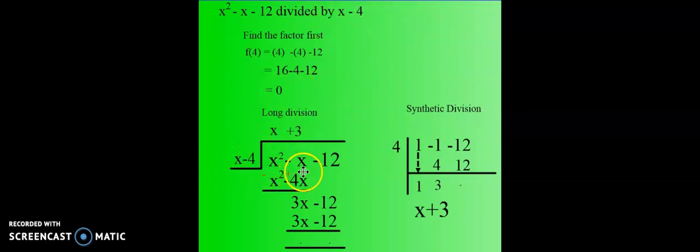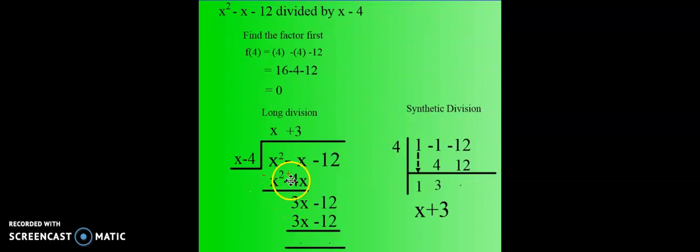So if I divide x squared minus x minus 12 by x minus 4, I say, what must I multiply x with to get x squared? I need to multiply by x. X multiplied by x gives me x squared, and x multiplied with minus 4 is minus 4x.